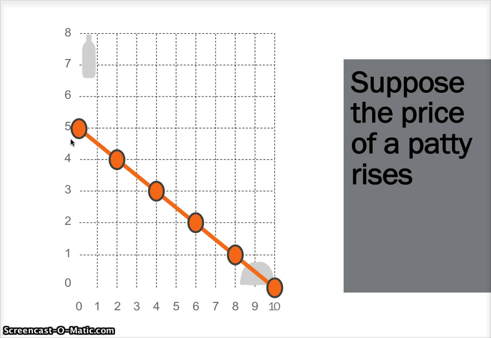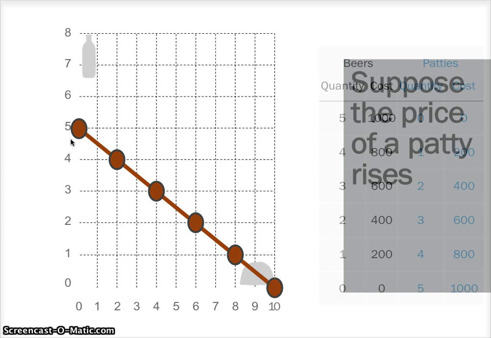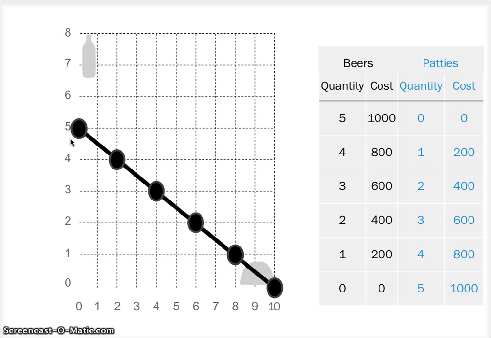So you need to ask yourself, suppose I'm still spending all my money on patty, and the price of patty has moved from $100 per patty to $200 per patty. What's going to happen? As the price of patty moves from 100 to 200, each additional patty is now costing more.